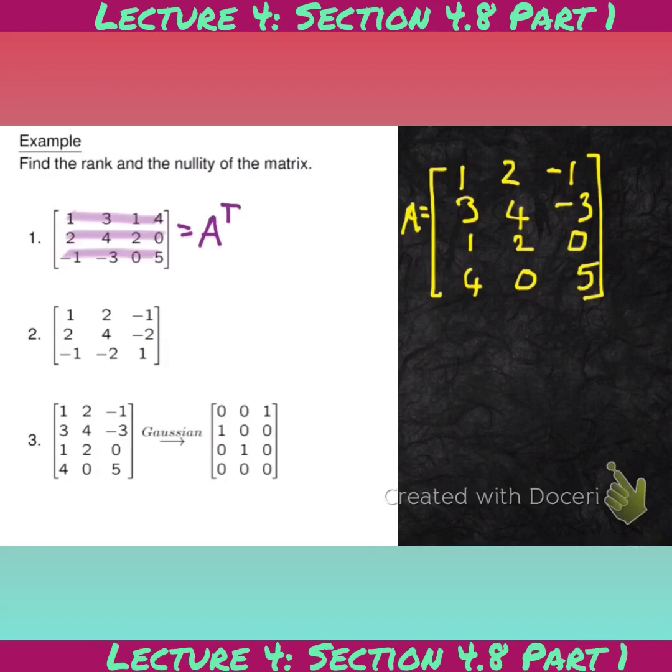To find the dimension of the row space of A's transpose, we can actually use the matrix A to do that.